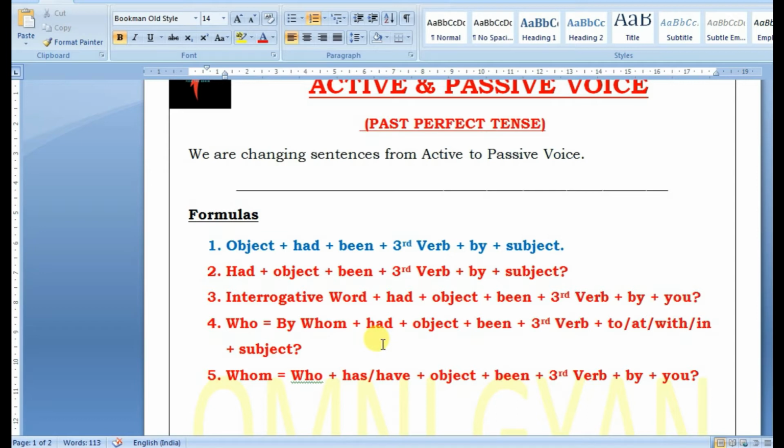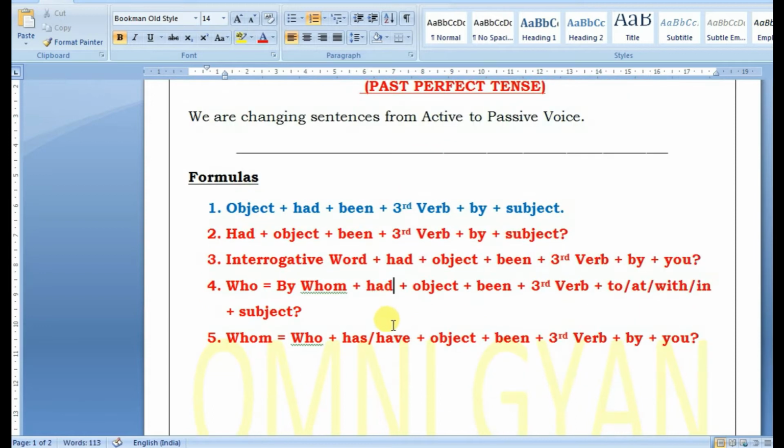All of you have seen the previous videos on the YouTube channel Omni Gyan. So this becomes had. Wherever you get has and have, that will be replaced by had. Since we have already done present perfect tense, past perfect tense is the same as present perfect tense.